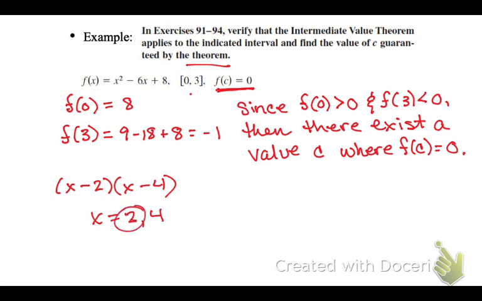Found it. I just factored and found it. Oh, it's a parabola. Yeah, because it's x squared. Good job.